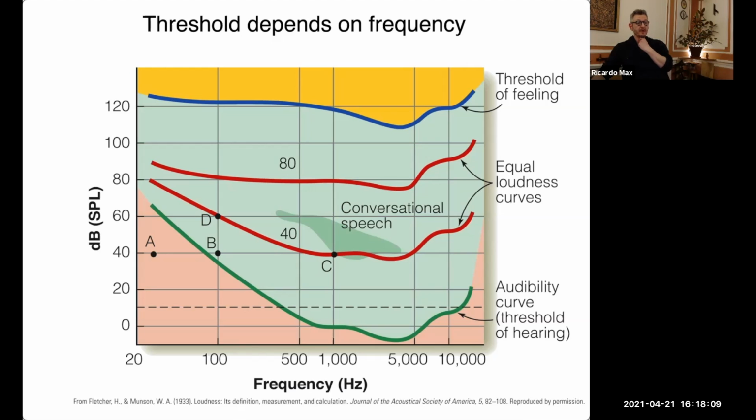So if you are at 60 decibels for lower frequencies and you increase the frequency, it will sound louder. But if you are around here for higher frequencies and you increase the frequency, it will sound lower. Make sense? It was a trick question. Not that tricky, come on. Can you understand why we cannot?